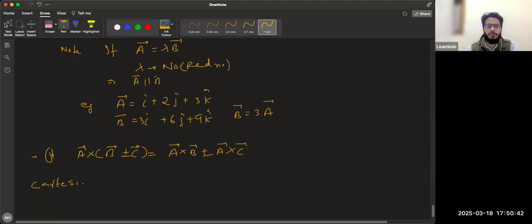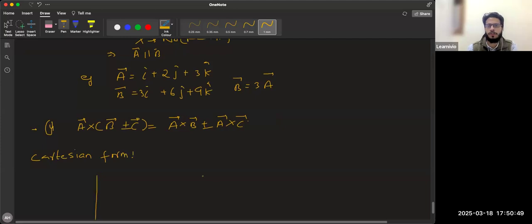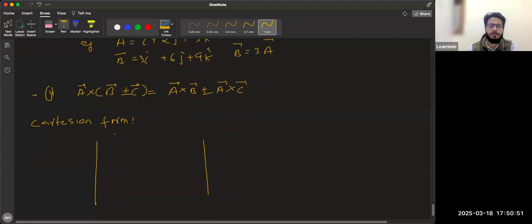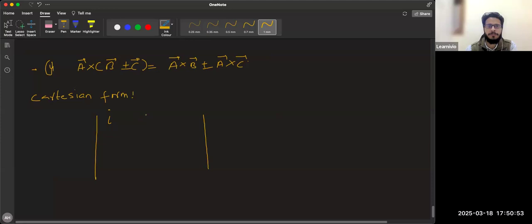How will you calculate the cross product in Cartesian form? We just make a determinant. The first row is i cap, j cap, k cap, then A1, A2, A3, then B1, B2, B3. This is how we calculate the cross product in Cartesian form.